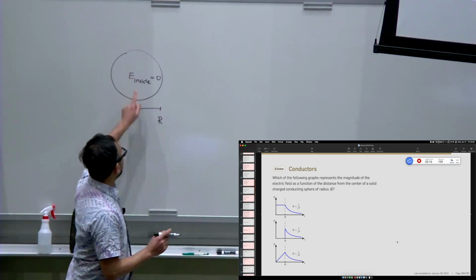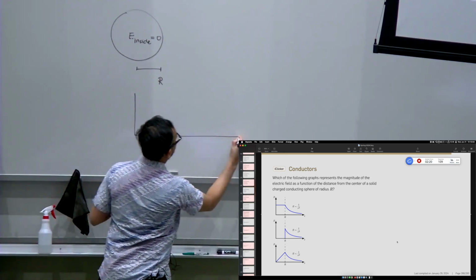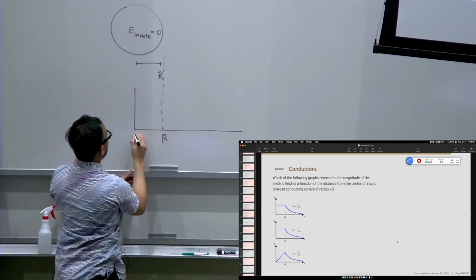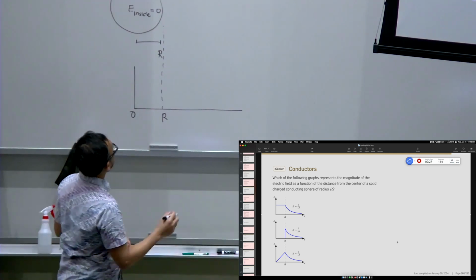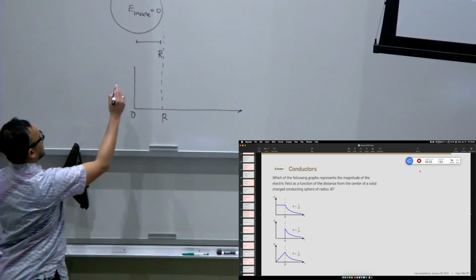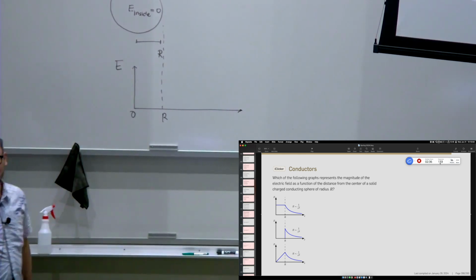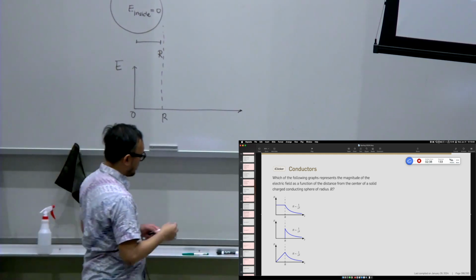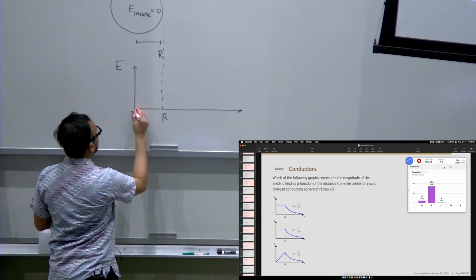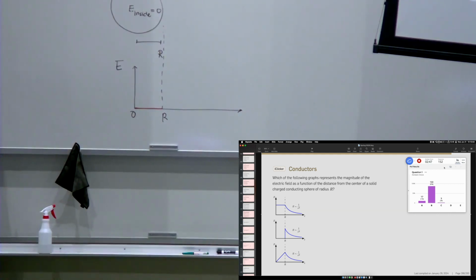Okay, so if we plot the electric field, R0 is the center of the sphere. We know that the electric field inside is equal to 0. Good. So let me use red, 0. And then outside should follow what?